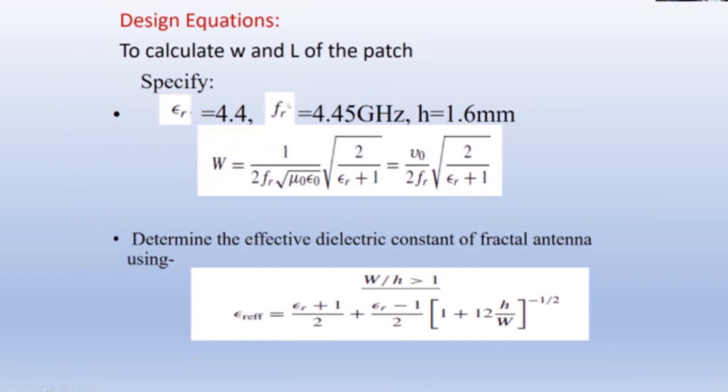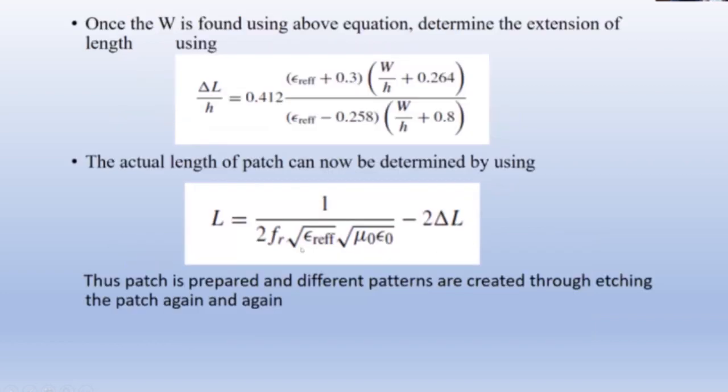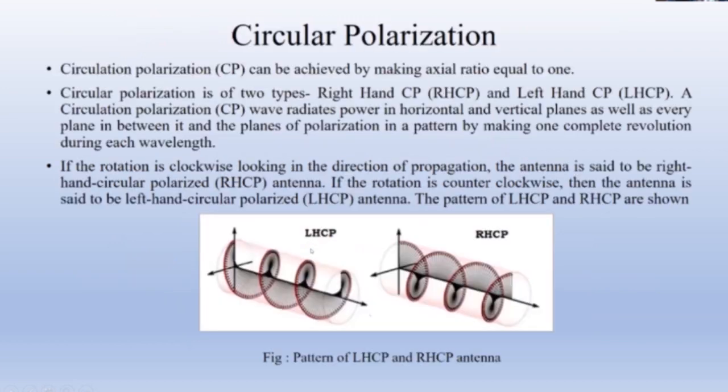This is the frequency I have selected here, 4.45 gigahertz, for which we can calculate the required length and width of my patch antenna. After that, when the radiation starts due to the fringing effect, there will be an effective permittivity. For that, there is a formula. From these formulas, I will be able to calculate the length and width of my rectangular patch antenna.